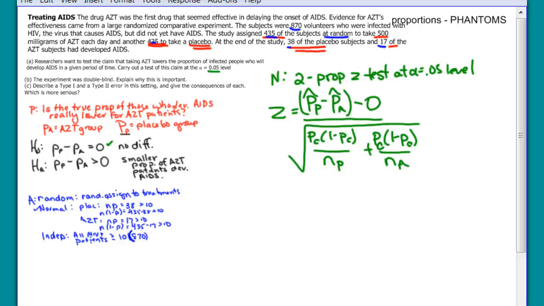So let's calculate that combined proportion. pC is going to equal the number of those who developed AIDS in both studies, 38 plus 17, and we would divide by the 435 in both of those.